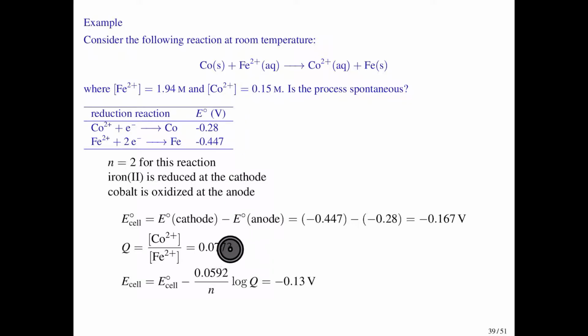Plug in those concentrations to get the reaction quotient, then take both of these numbers, pop them into the Nernst equation, and we get a value of minus 0.13 volts. We see that it's negative, which means that the forward direction under these conditions is not spontaneous.